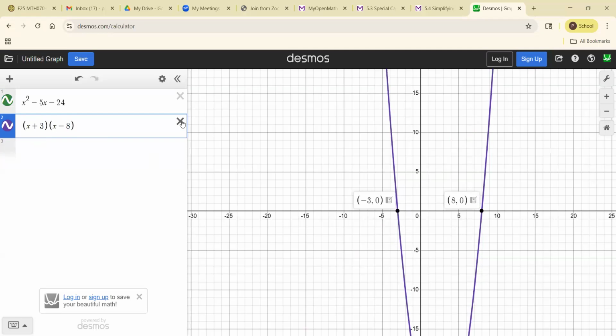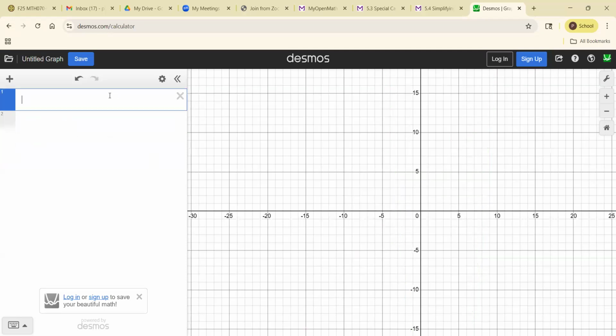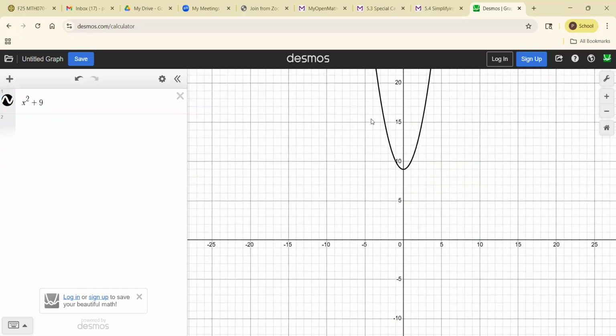And now let's look at x squared plus 9. What you should see is that this graph never touches the x-axis. There are no x-intercepts for this graph.